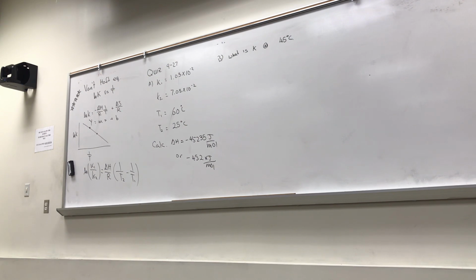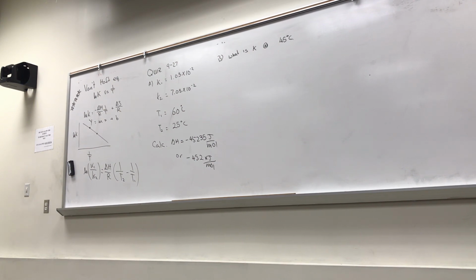Okay. When I did the last part, I got negative 45220.6. Oh, this is close now. Normally you have 45,000. That's good enough. The answer is not going to change much.